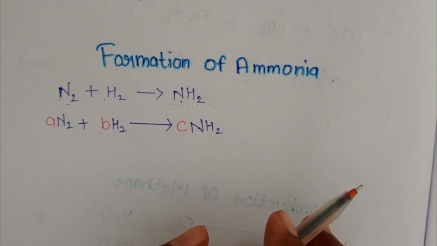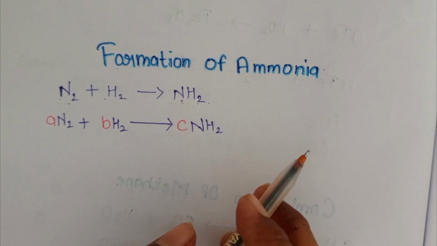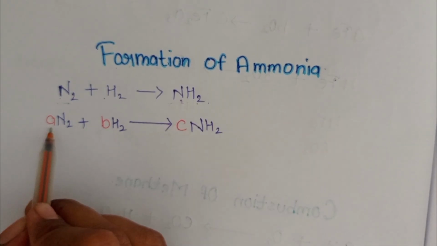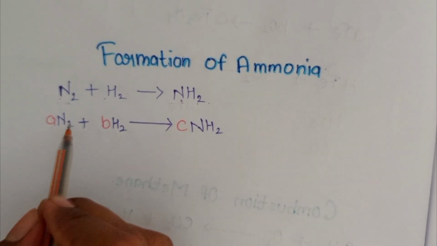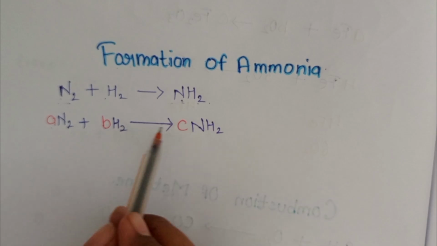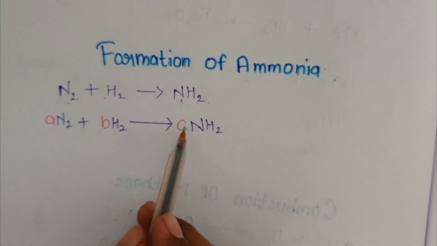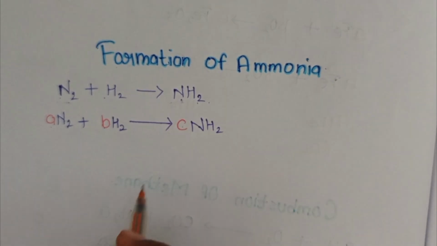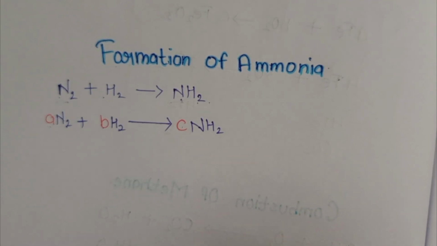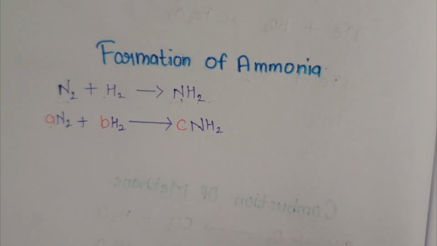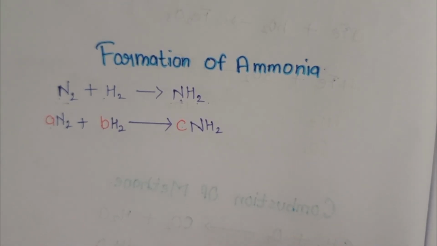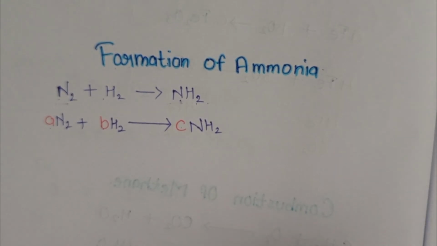So we will assign the algebraic coefficients. A N2 plus B H2, the product we get is equals to C NH3. What all we have to do? We have to find all the coefficients to make this unbalanced equation a balanced chemical reaction.